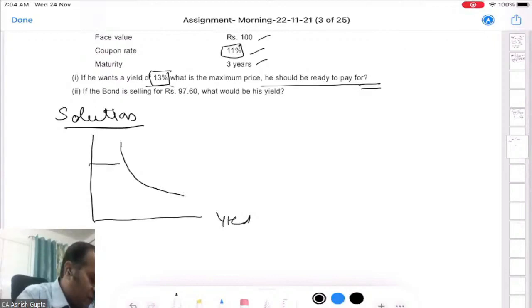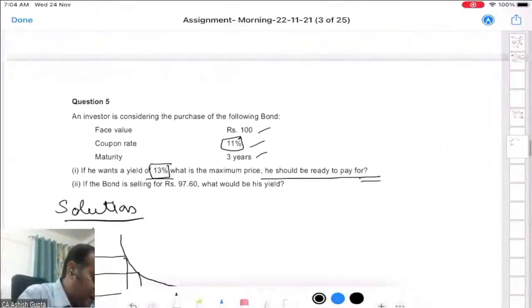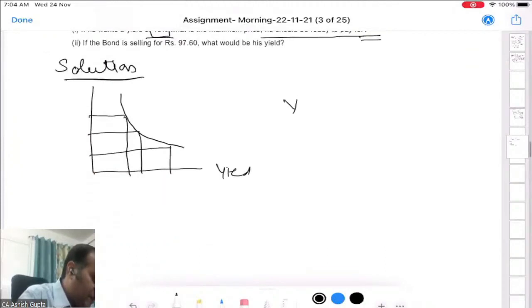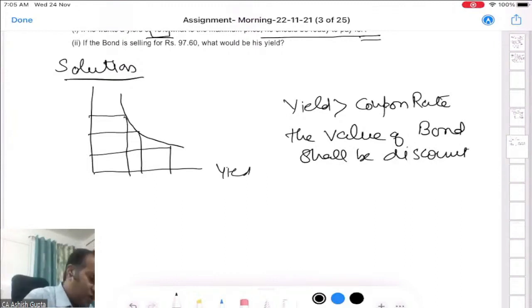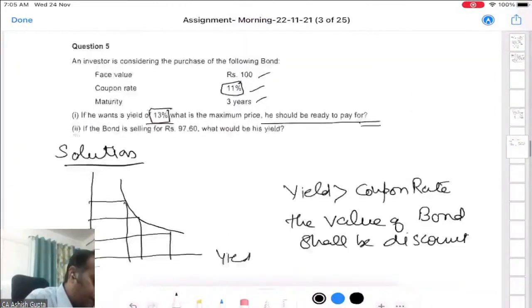If you recall, I took an example: if it is at par, then it is at a discount. Similarly here, our yield is greater than the coupon rate, so of course the value shall be at a discount. This is a first hint. Even if we get the answer, my advice is to make your own observation also. So now let us find the value of the bond.